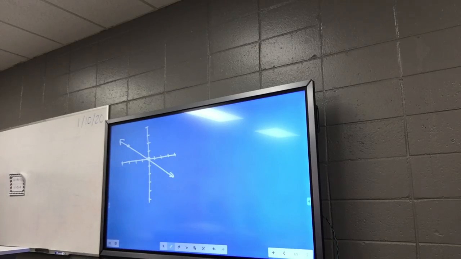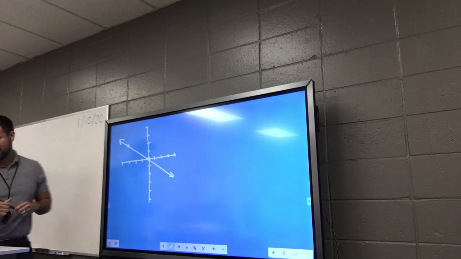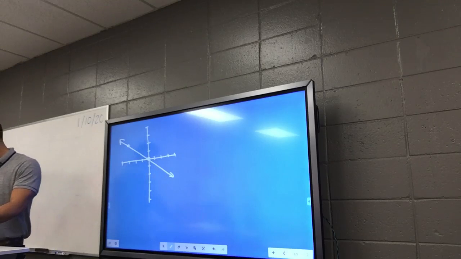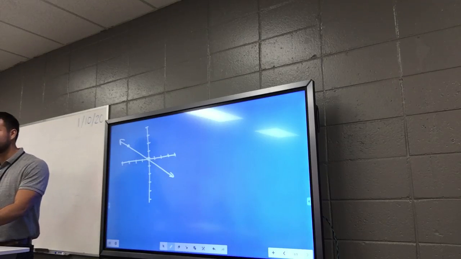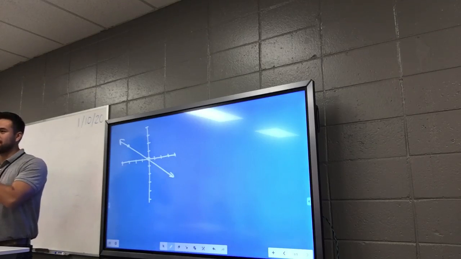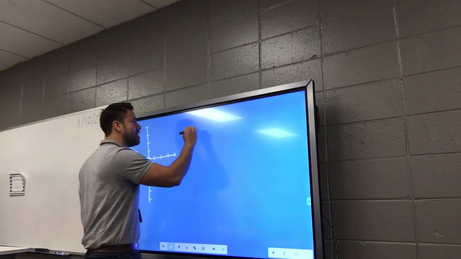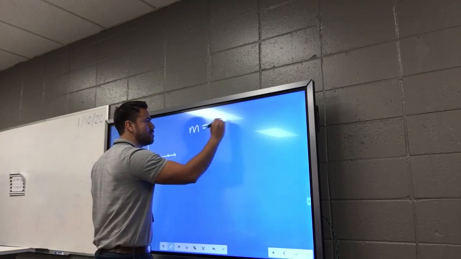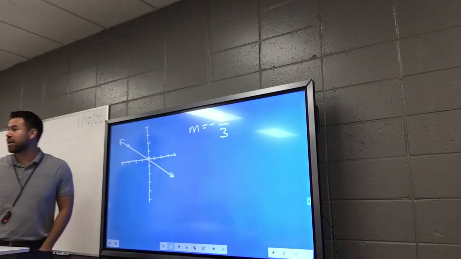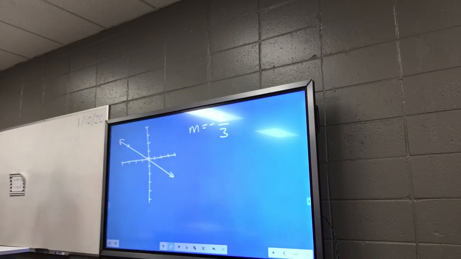Let's look at line C. Who has a slope for line C? And you better not say it's positive. Kate? Negative 2/3. How many of you got negative 2/3? Okay, good. That's the slope. It's negative 2/3. How do you know it was negative?